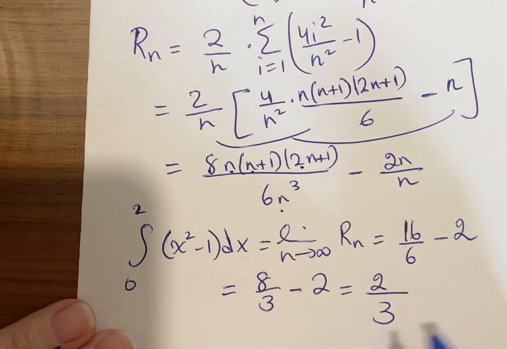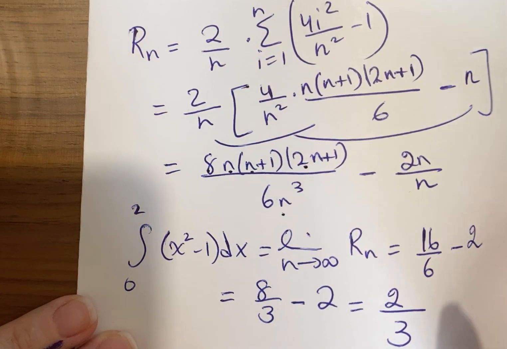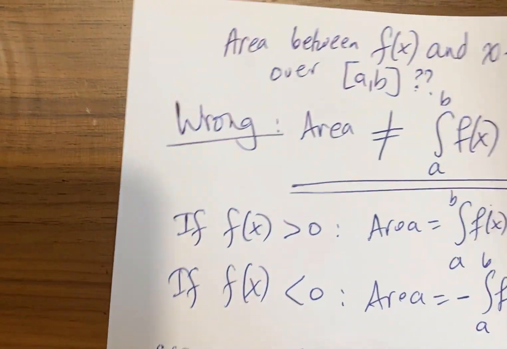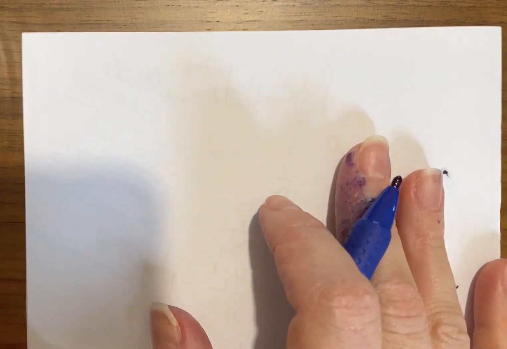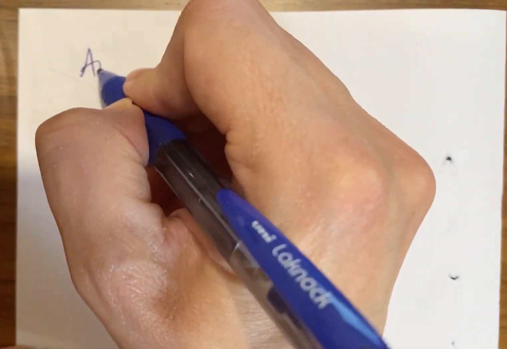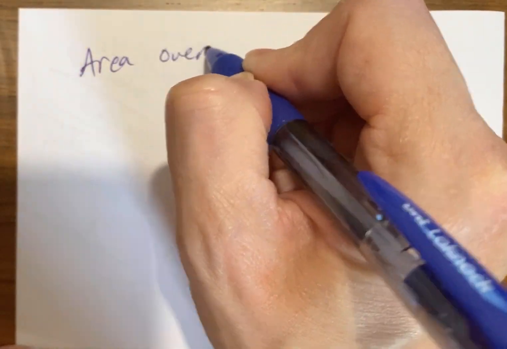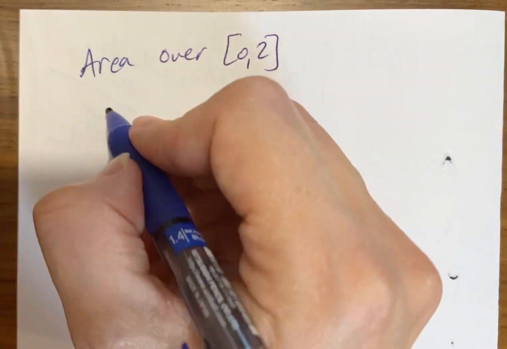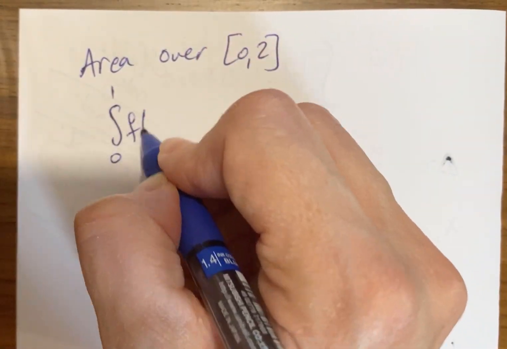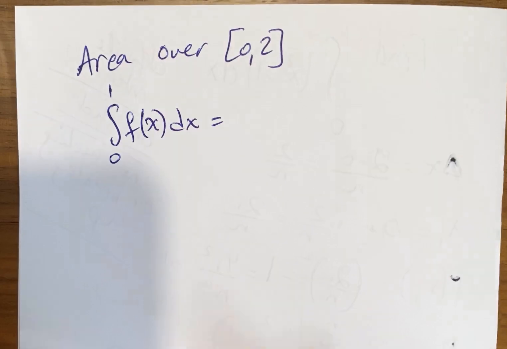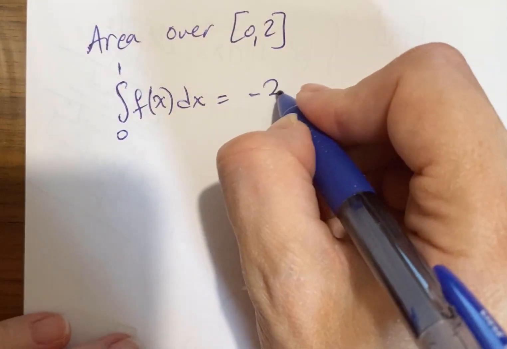This is the integral. Can you see here? Does it make sense? Let's see what we got for area over 0, 2. For the area over 0, 2, we get the integral from 0 to 1 of f of x dx, which turned out to be equal to minus 2 over 3.